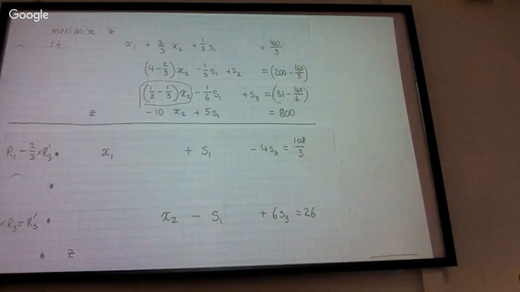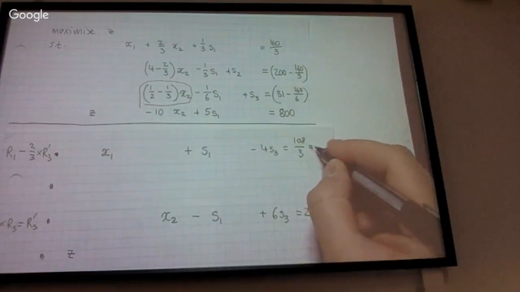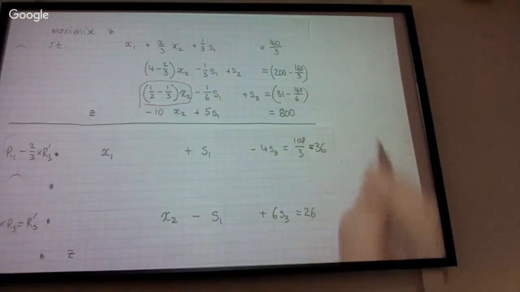And I should get 160 minus 52 thirds. So that's 108 thirds, which actually is a whole number, isn't that? 36. Okay.